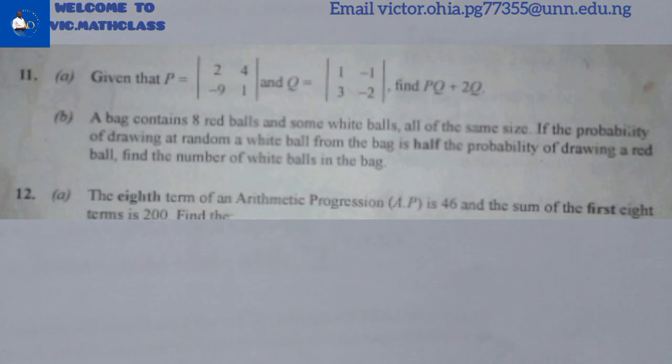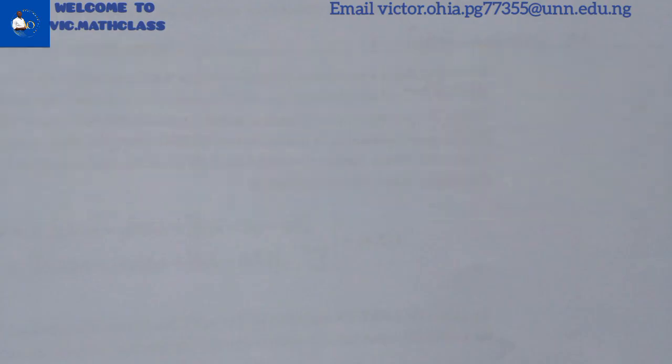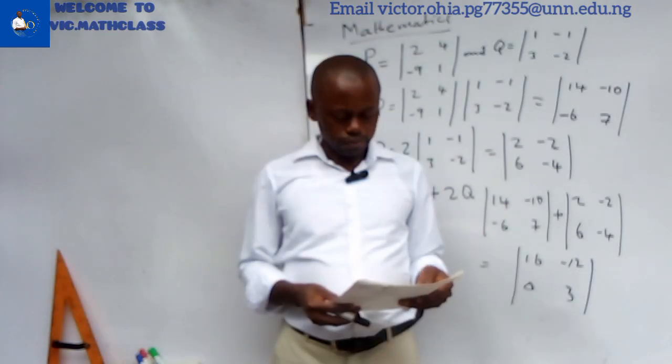If the probability of drawing at random a white ball from the bag is half the probability of drawing a red ball, find the number of white balls in the bag.